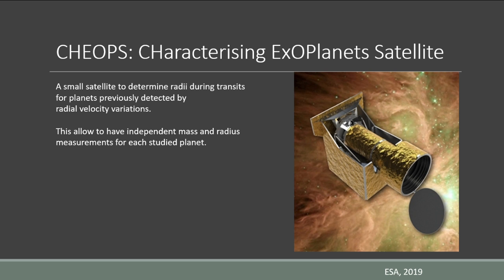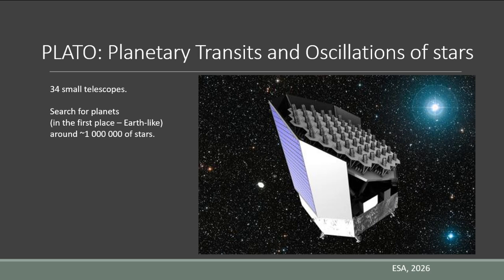So now, when it is possible for such planets, we have independent measurements of mass and radius. It is important because it gives us more confidence in discussions of internal structure and composition of these planets.